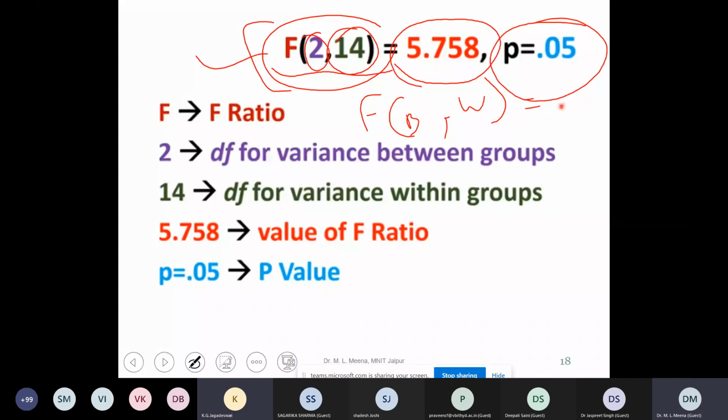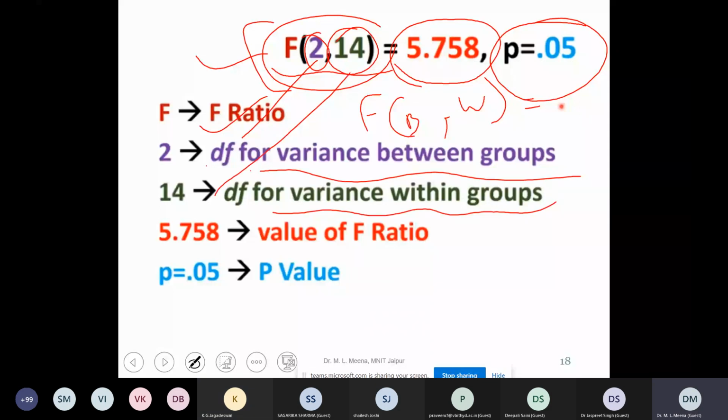Here, 2 means the degree for variance between groups, and 14 the degree for variance within groups. This is the F value, and P is the P value at 5%. In the market, an F table for the 0.01% level is also available.